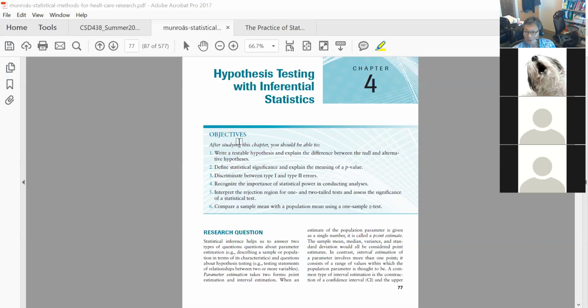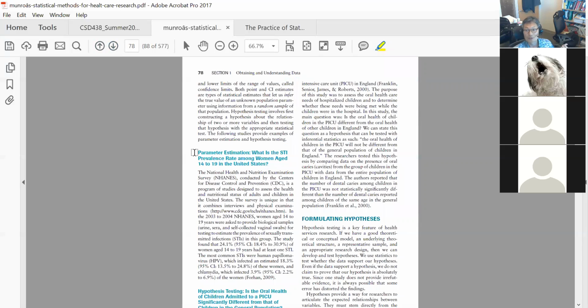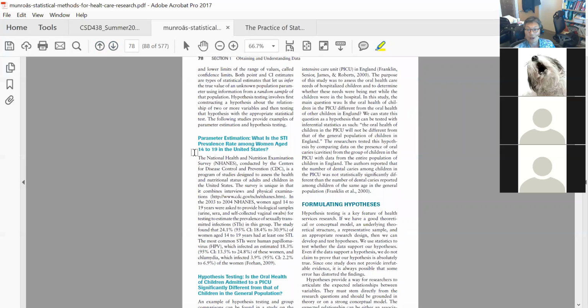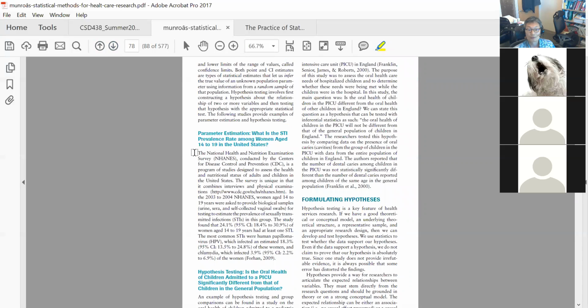So we're going to learn about the hypothesis. The hypothesis comes from a research question. For simplicity, you might have two different types of research questions.